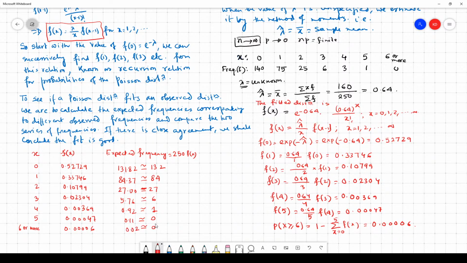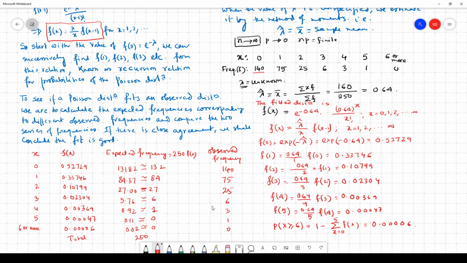And if you add all these frequencies, you see that the total frequency is 250, which is obvious. So observed frequency here is, just write this, 140, 75, 25, 6, 3, 1 and 0.